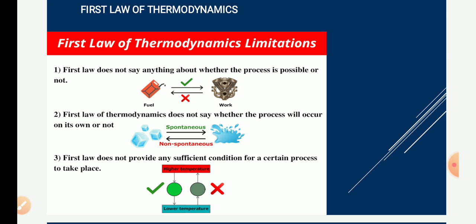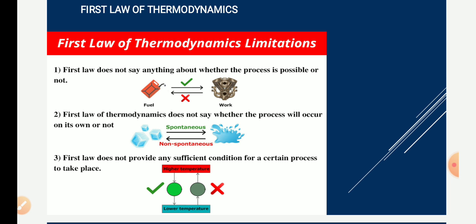Here, the conversion of ice to liquid happens spontaneously, on its own, but it can't convert liquid into ice spontaneously, without external work. Only by doing external work can it convert liquid into ice again. So such a spontaneous process is not possible. The first law of thermodynamics doesn't explain what will happen.